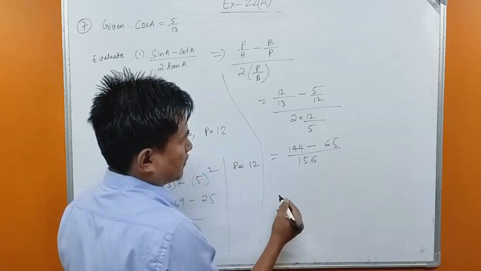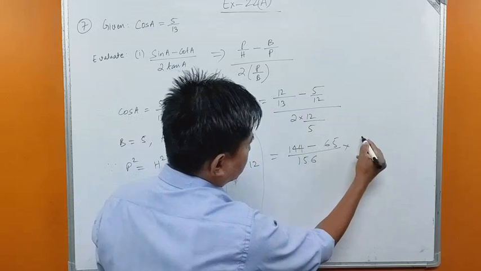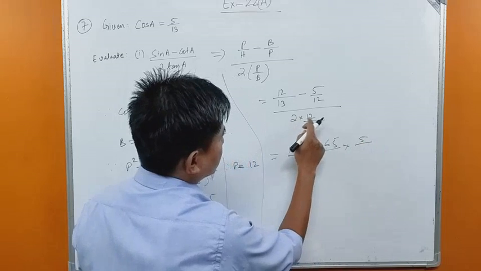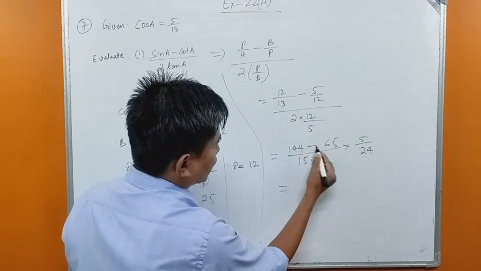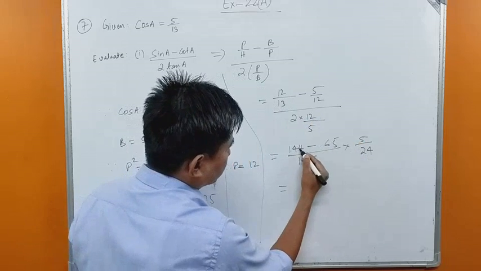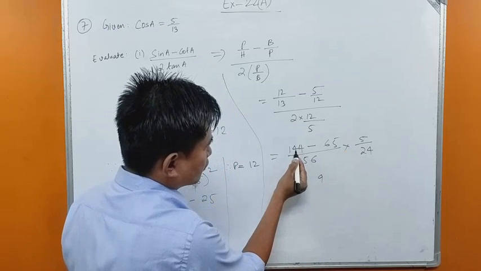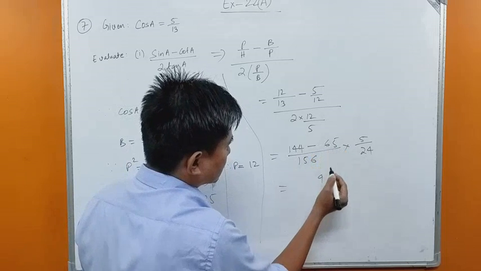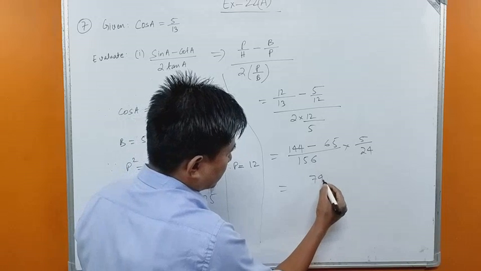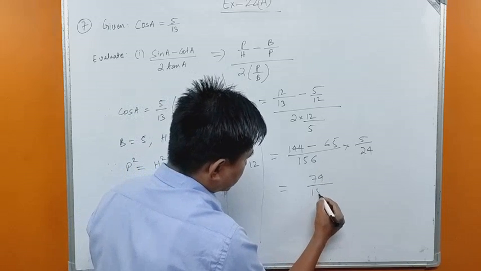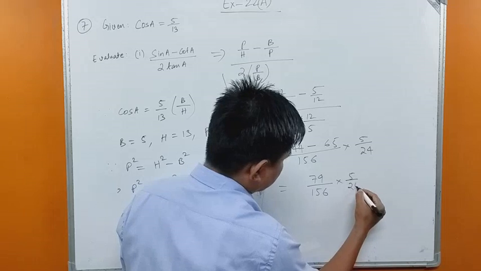Divided by, so into, I'll write this 5 in the numerator, and this 12 times 2 is 24 in the denominator. Now 144 minus 65 is 79. So 79 divided by 156, into 5 upon 24.